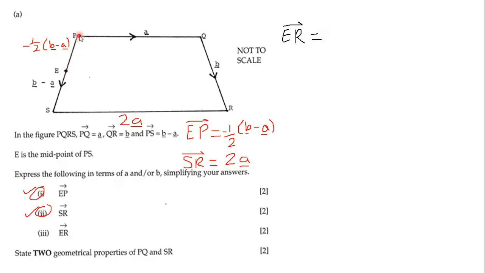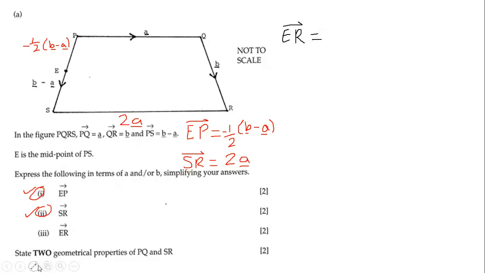We can go from E to P, then P to Q, then Q to R. Or we can go from E to S, then from S to R. So there are two ways that we can do this problem. Let us do it both ways, and you will see that we come with the same answer.